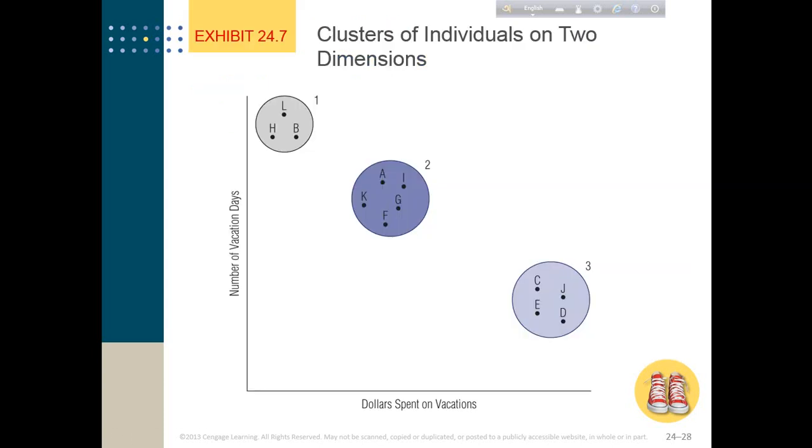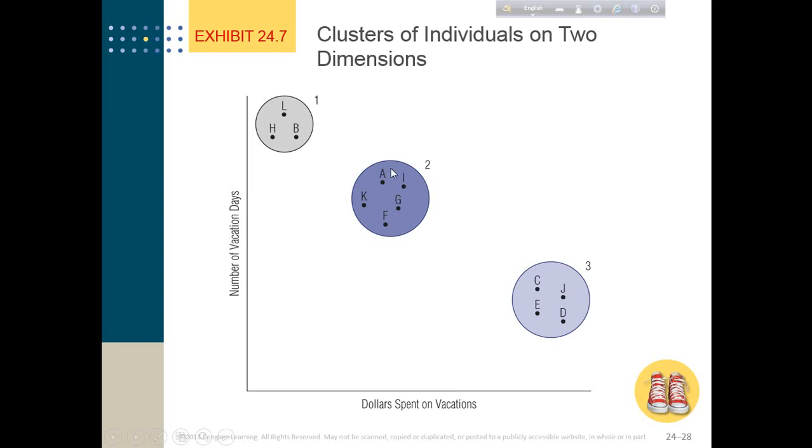Look at this example. Here, on the vertical axis, we have number of vacation days and we have dollars spent on vacations. We have collected these two variables from a large number of people: how many dollars they spent on vacations and how many days they spent on vacations.